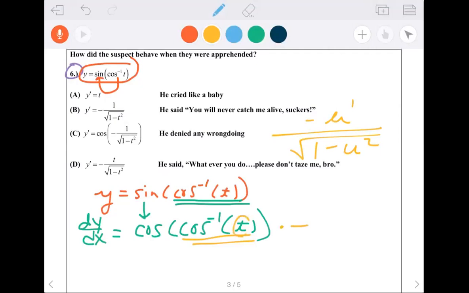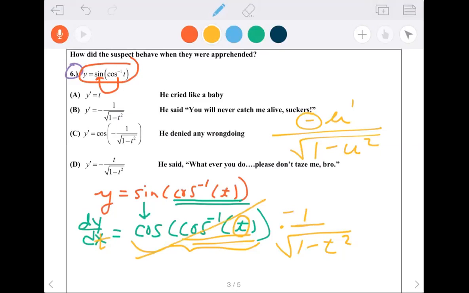What's the derivative of t? This would be dy dt, sorry. The derivative of t is the same as the derivative of 1. It'd be 1 over the square root of 1 minus t squared. But it was a cofunction. So you have to be very careful. Now you might say, what about all this? They're inverse functions. It's like squaring a square root, adding, subtracting, multiplying, then dividing, natural logging, and then e-ing it or exponentiating it.